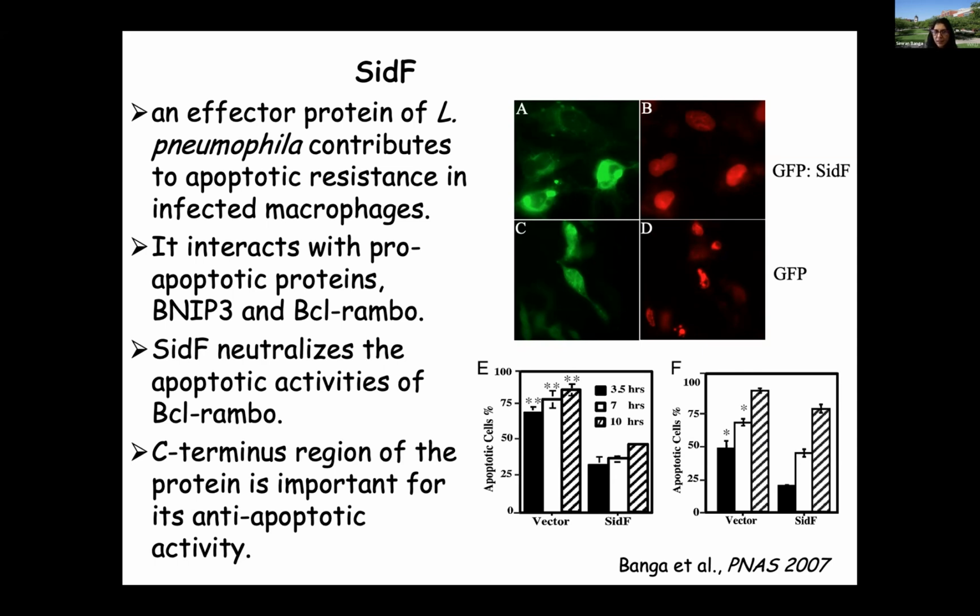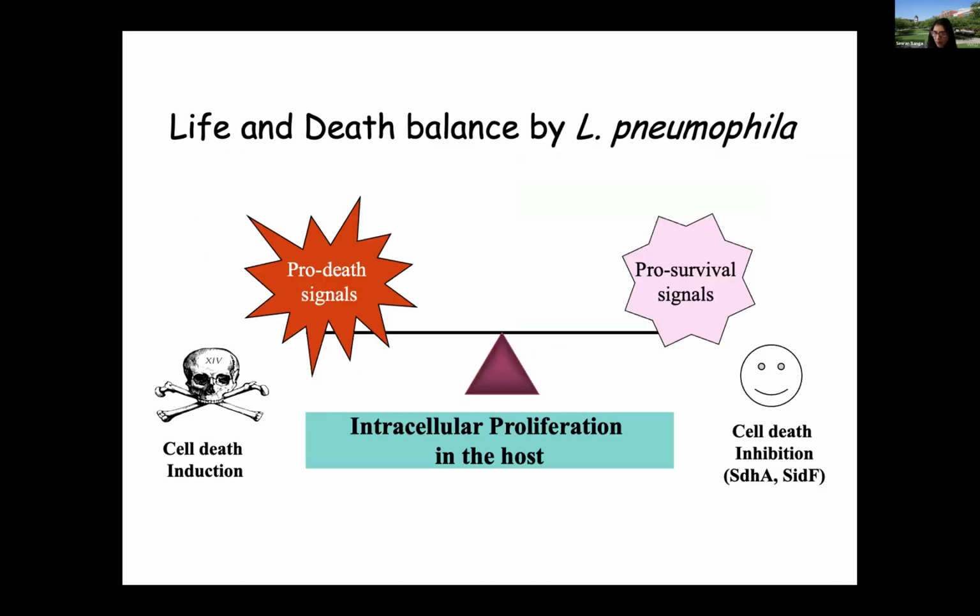So what this bacteria does, it doesn't want that to happen. So there's kind of a tussle here between the pro-death signals that the host macrophage will produce and the Legionella, because it's an intracellular bacteria, which needs to survive within the environment. And so it's going to produce some pro-survival signals. And so this is where CDF came into the picture.